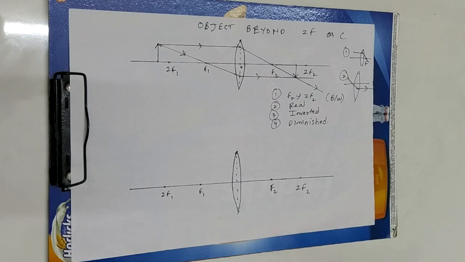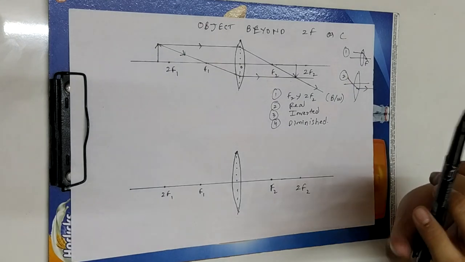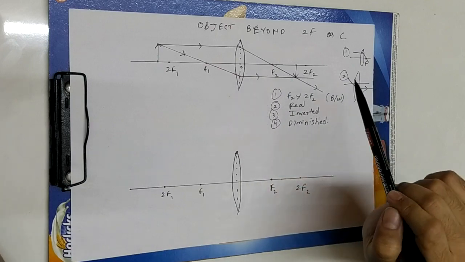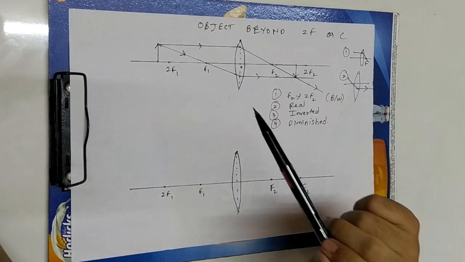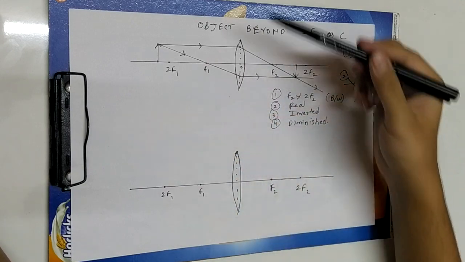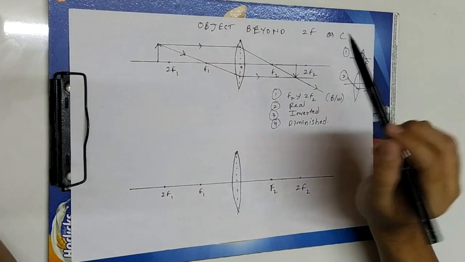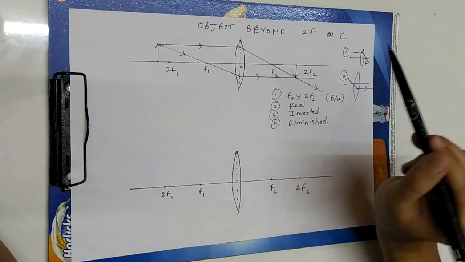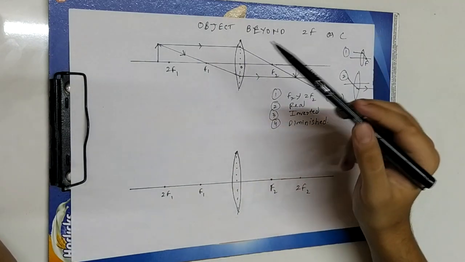In the reflection part, I had shown you how to draw a ray diagram without using the rules, by just using the laws of reflection. I told you that it will be a little difficult because we have to draw normals and all, but I still showed it to you. But here in refraction, I'm not showing you the difficult method.